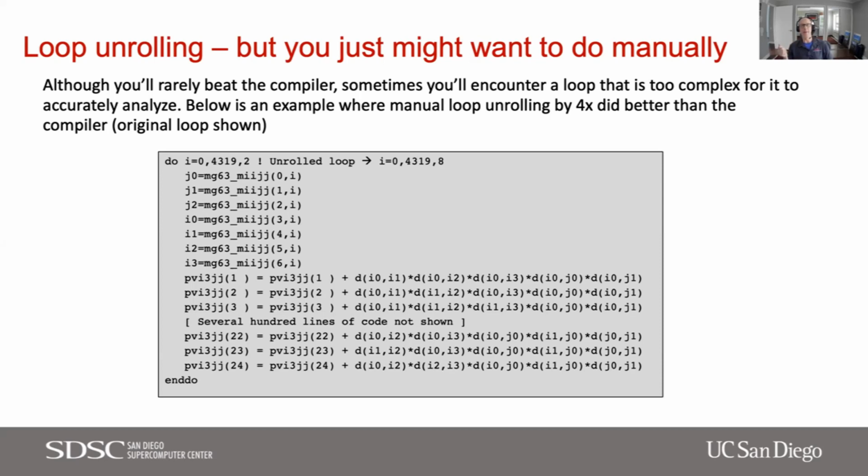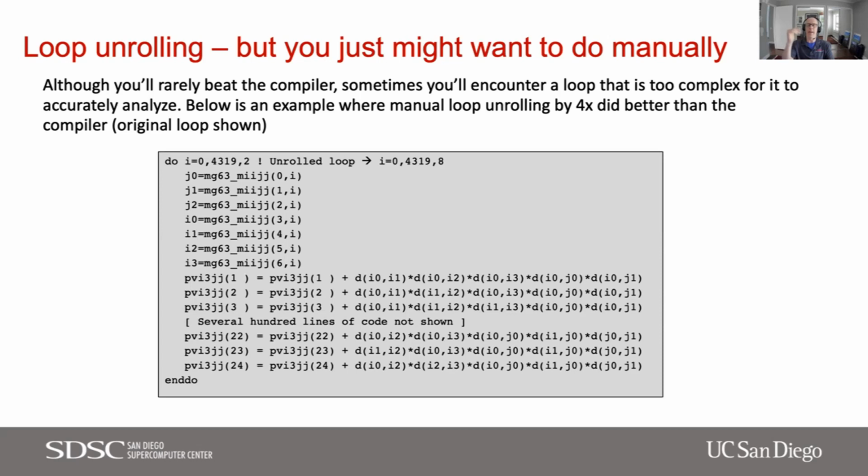And what I did was, instead of using the original loop, I unrolled this by an additional factor of 4. Now this loop was really incredibly complex. It was code that was not written by hand. In fact, it was automatically generated as a fit to some quantum chemistry results.